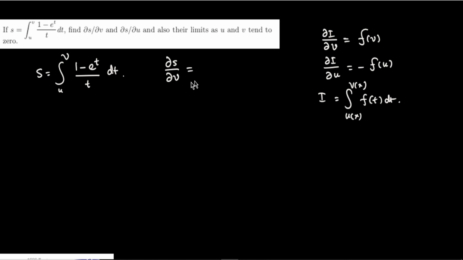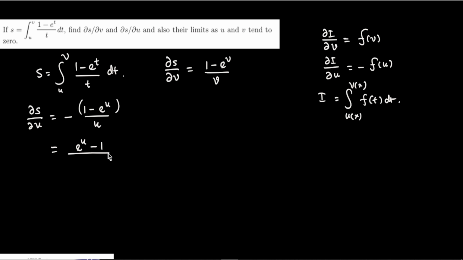So here the answer of del s by del v gives us f of v, meaning 1 minus e to the power v by v, and del s by del u gives us the answer minus of 1 minus e to the power u by u. So it can be written as e to the power u minus 1 by u.